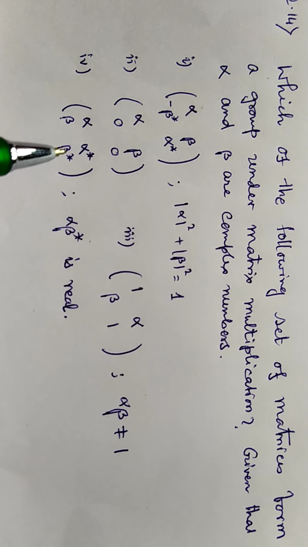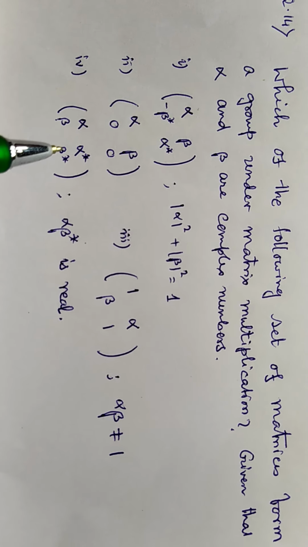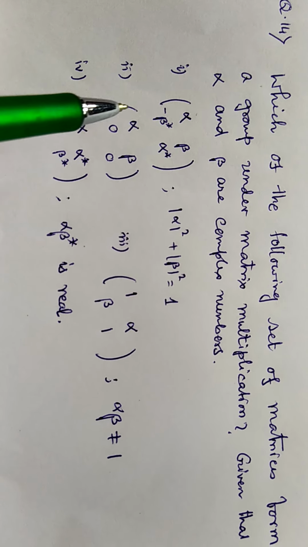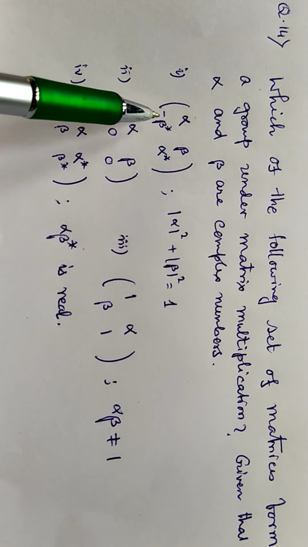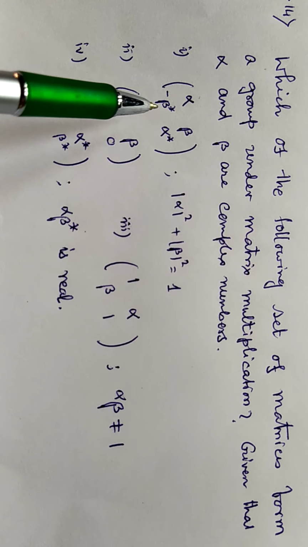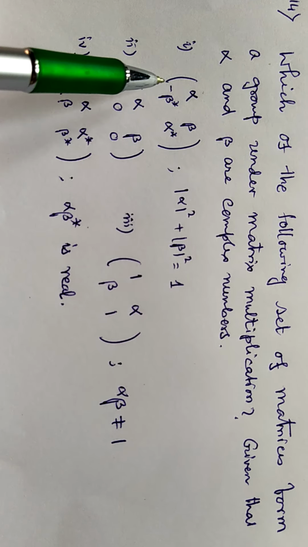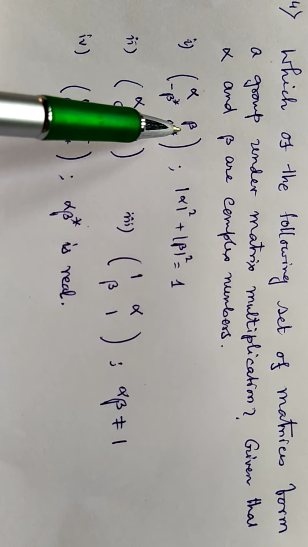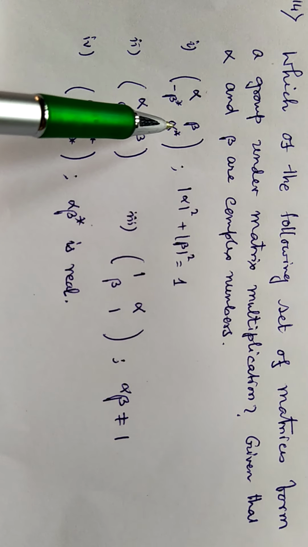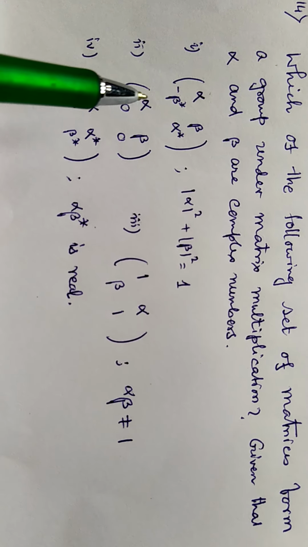So very important properties of a group are the closure relation. Now if you look at this, these are 2 by 2 matrices. Now you have to see whether the closure relation exists, whether the inverse exists, whether the identity exists, and so on, right?